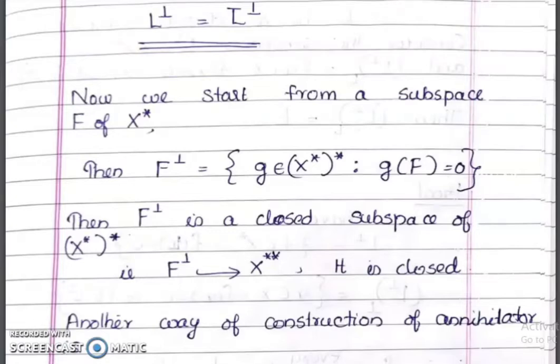Now we are starting from the same rule, using the same procedure. We are starting from a subspace F of X star. Clear? Then by definition, F perp is equal to the set of all G belongs to X star star such that G of F equal to 0.